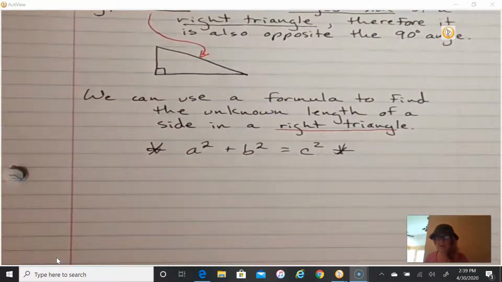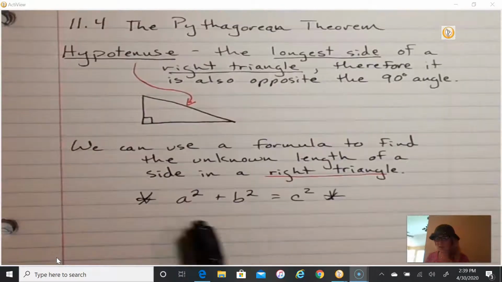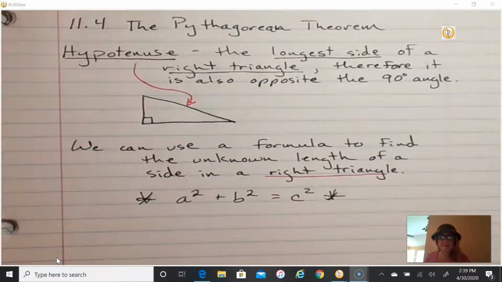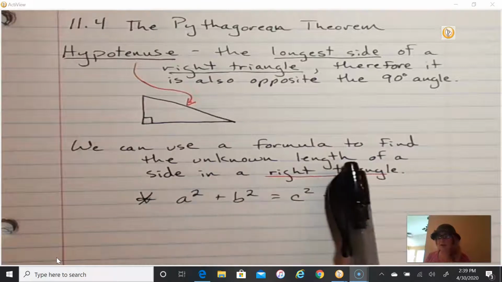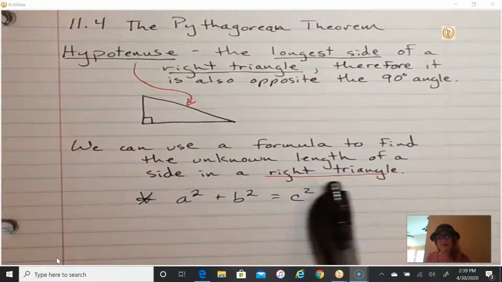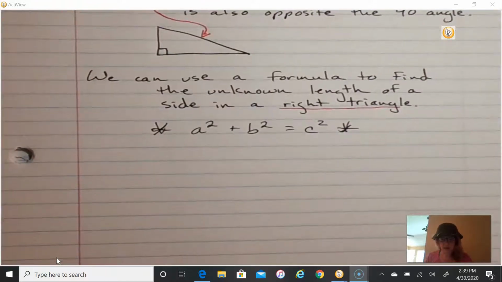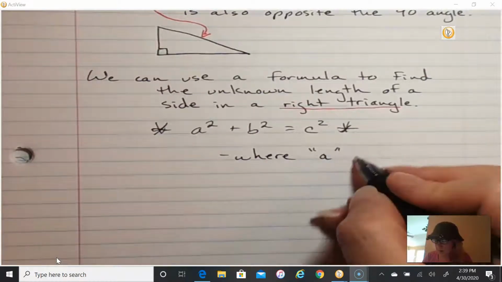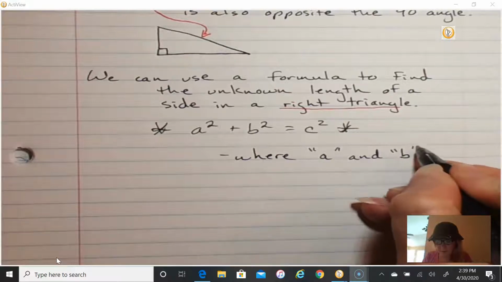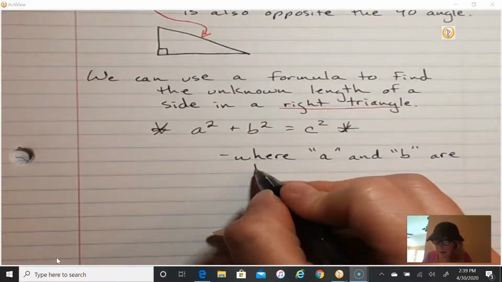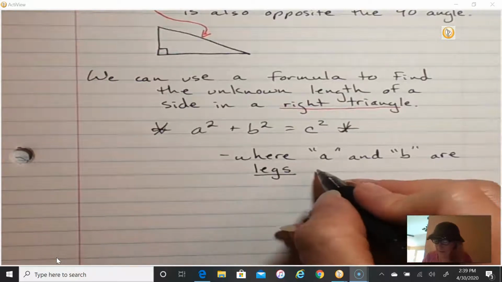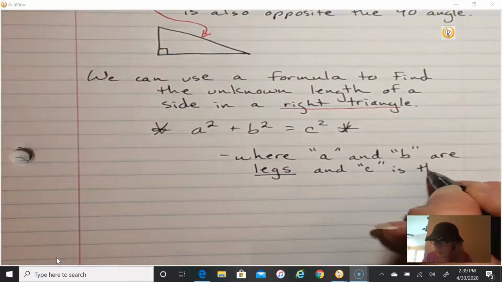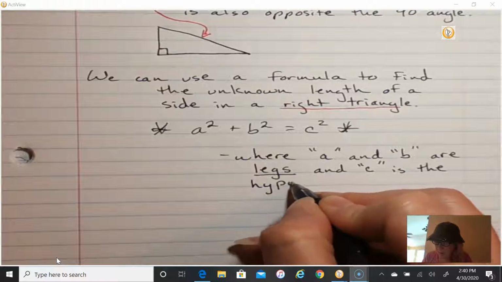So again, this can be used to find the measurement of any missing or unknown length of a side in any right triangle, where A and B are legs, that's what they're called, legs, and C is the hypotenuse.